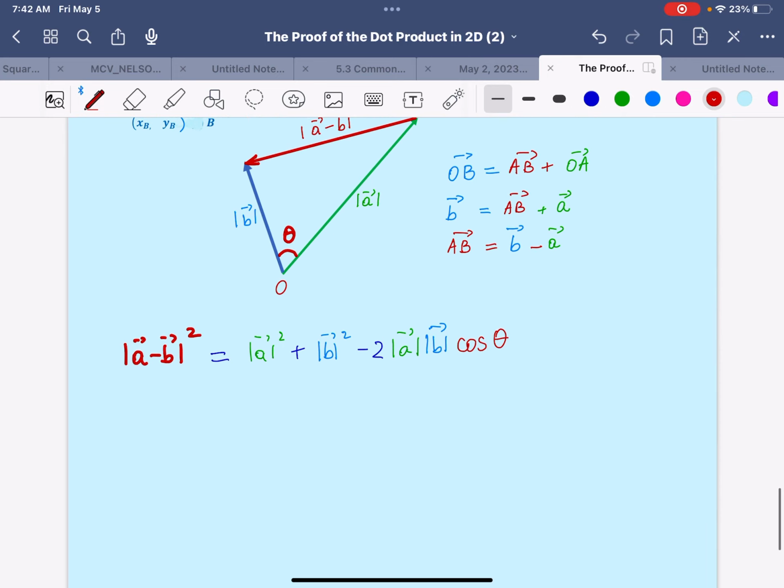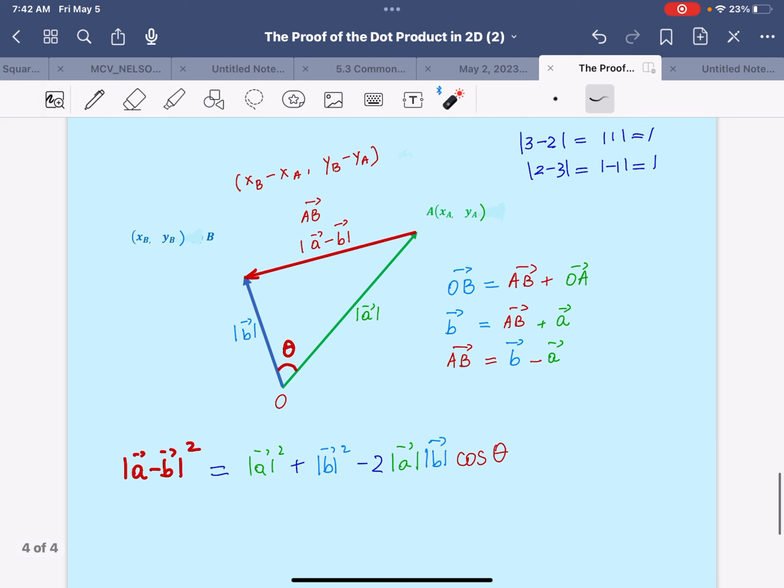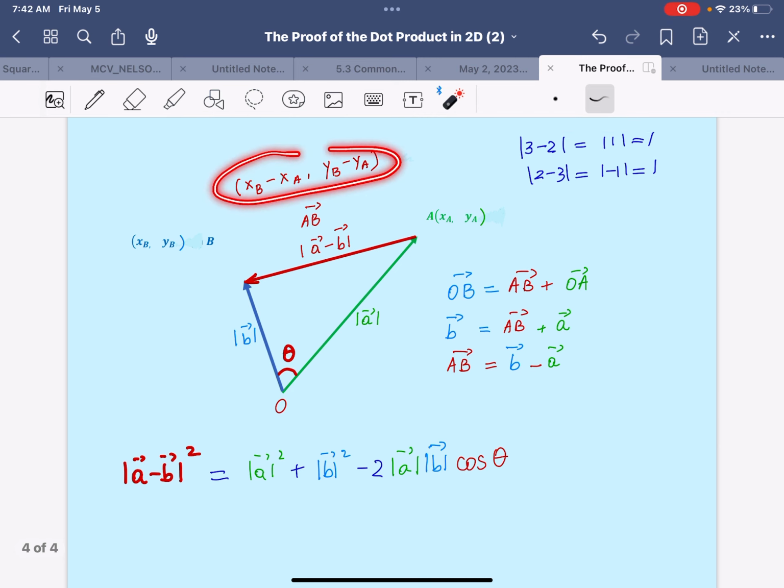So now we're thinking, how do we find the length of A minus B squared? Well, we do know the coordinates of the vector AB. So in order to find the magnitude of vector AB, what we do is the Pythagorean theorem. It's that simple.